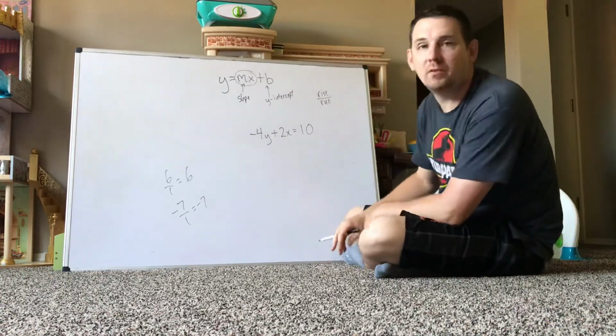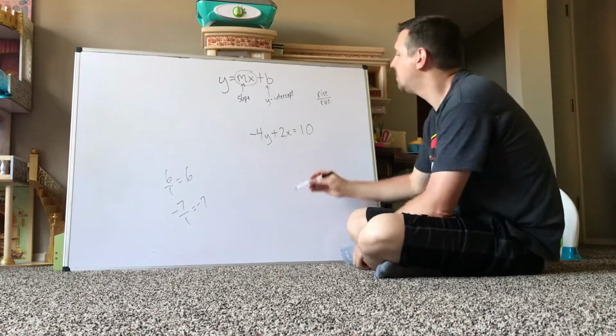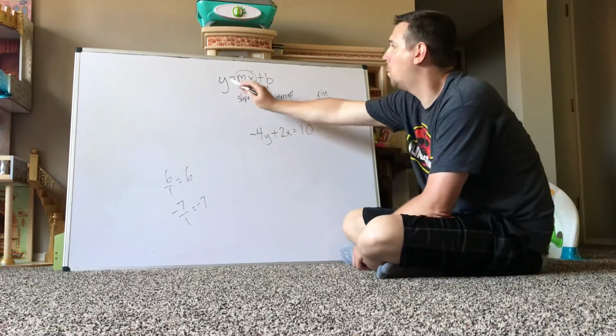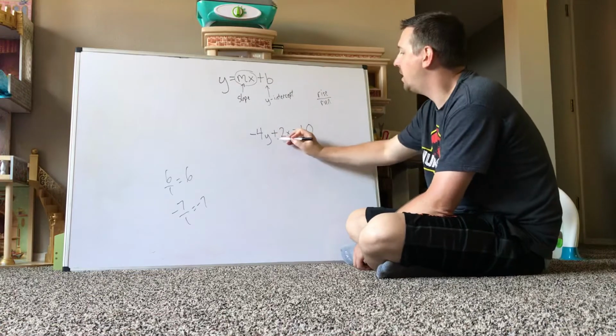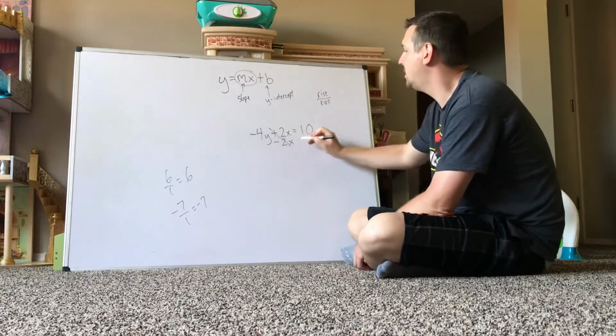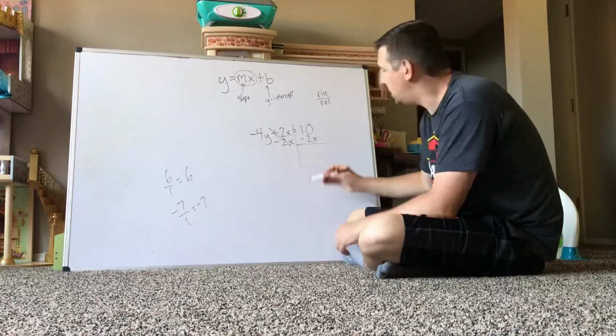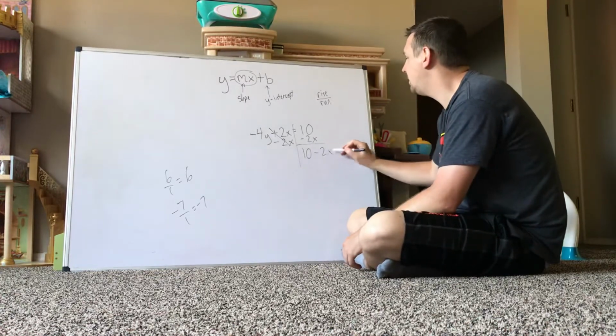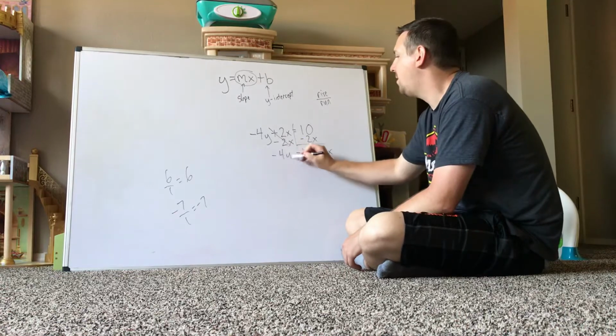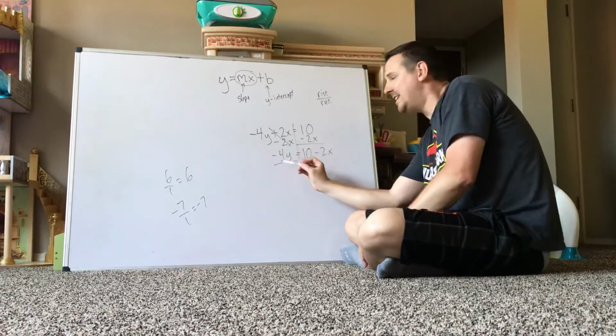Okay, we want to solve it in slope-intercept form. Get it so that it's y equals. We need to get rid of this plus 2x by minusing 2x. 10 minus 2x, you can't do it. So I'm just going to write 10 minus 2x. In this case, we would divide by negative 4.